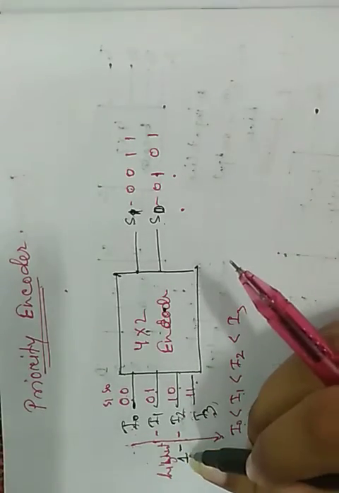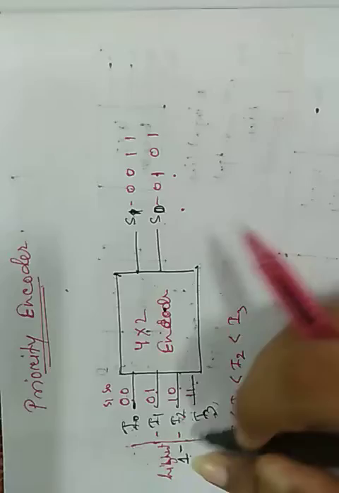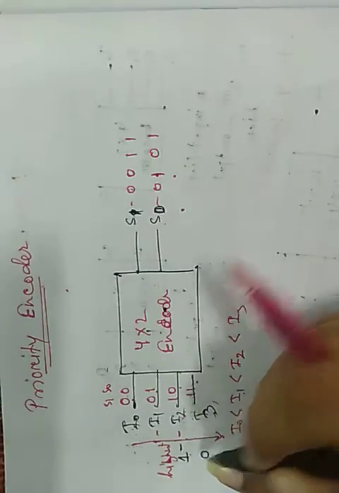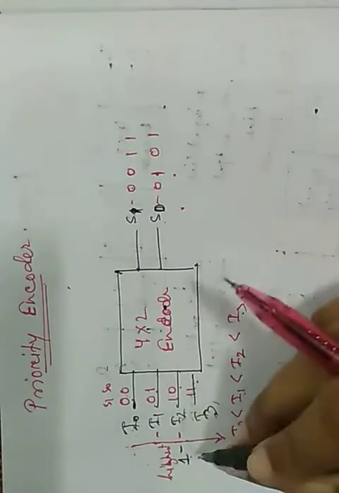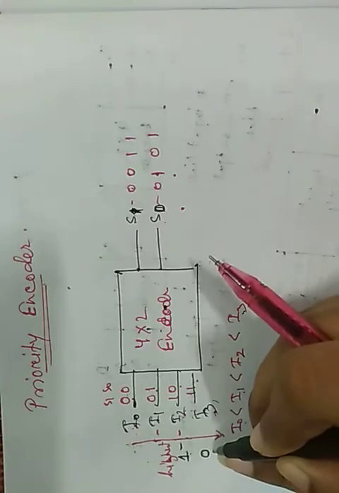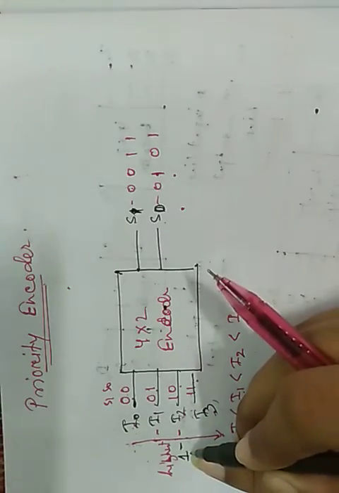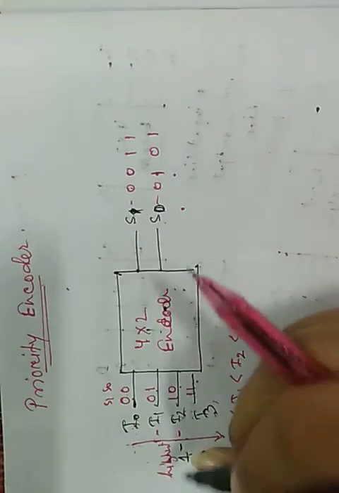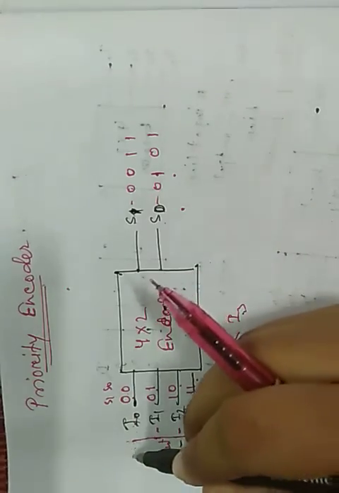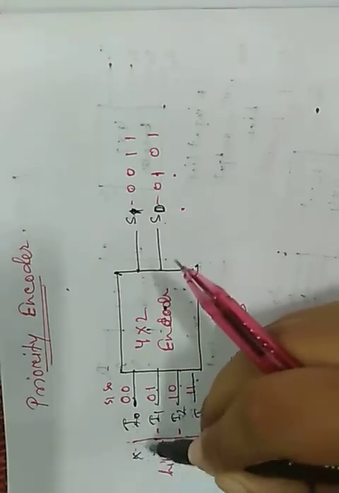If I3 is 0, I3 being the highest priority, and I2 is high, then it will not check the value of I0 and I1.